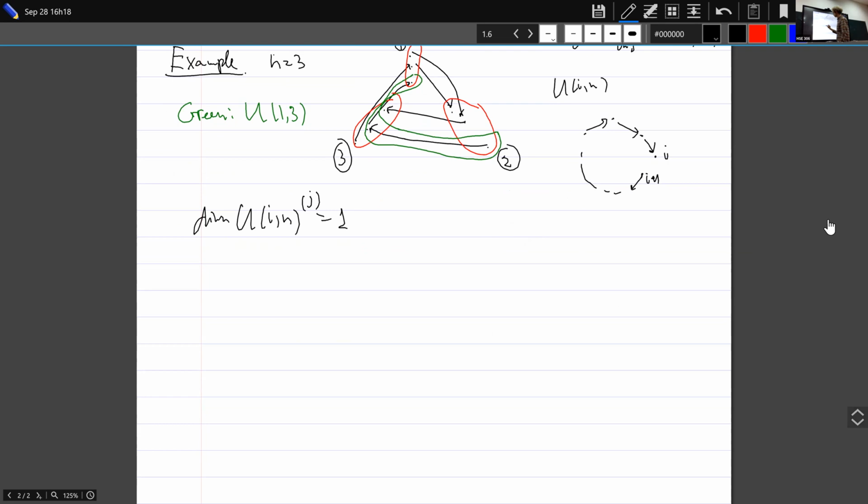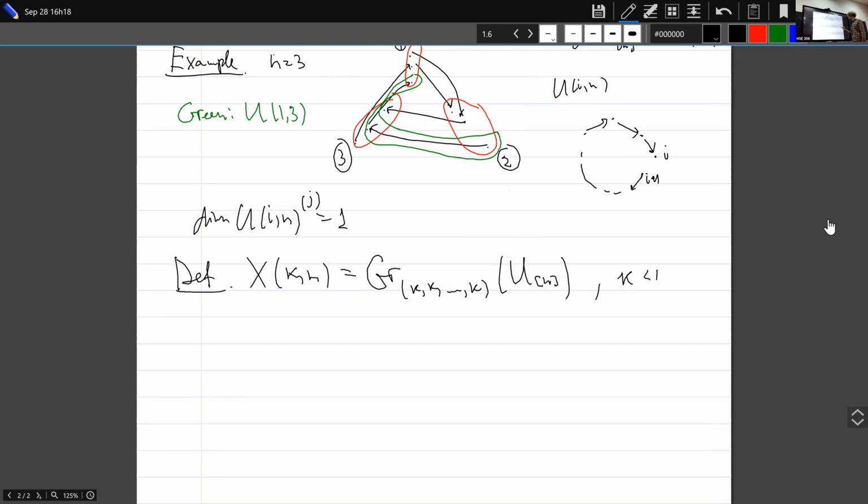So this is my representation. Now, by definition, I introduce X_{k,n} to be the quiver Grassmannian of this U_n. I take k less than n, and then inside this representation I take all these sub-representations.